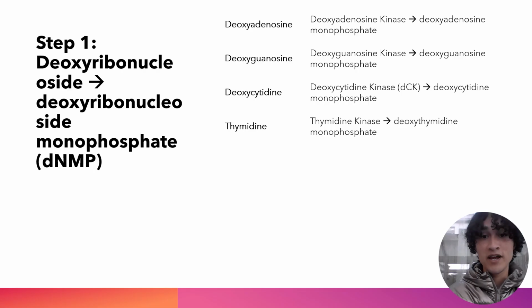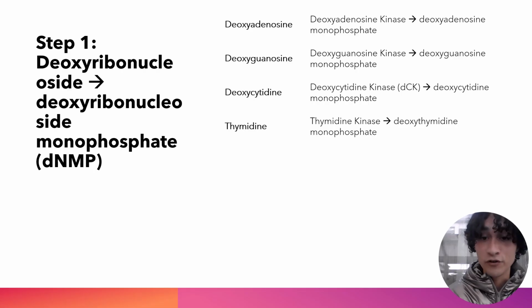There is no phosphate. But the enzyme deoxyadenosine kinase, with the help of ATP and magnesium cofactor, will phosphorylate that, and it will become deoxyadenosine monophosphate.